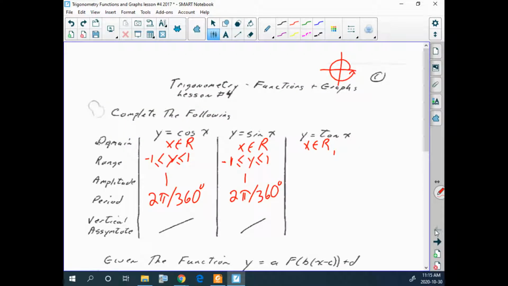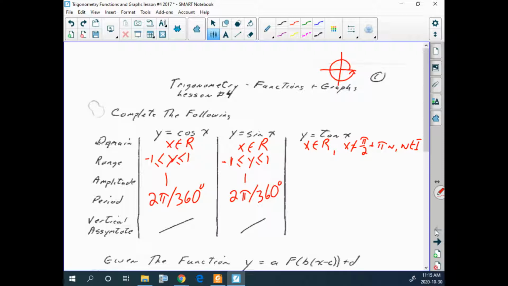Those vertical asymptotes occur where x is equal to pi over 2, 3 pi over 2, 5 pi over 2, etc., so x cannot equal pi over 2 plus pi n, where n is an integer. That takes into account pi over 2, negative pi over 2, 3 pi over 2, 5 pi over 2, negative 5 pi over 2, negative 7 pi over 2, etc.